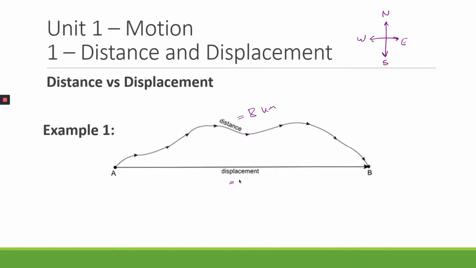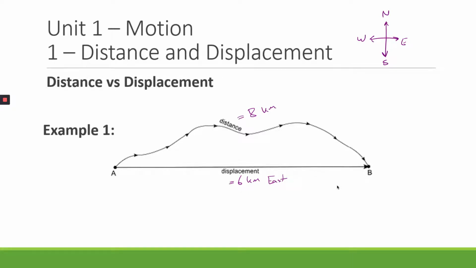The magnitude will have to be smaller because it is the straight line path, which is the shortest path between A and B. And for sure, distance traveled is a longer path than that. So your displacement is going to be something like 6 kilometers. Now that's a magnitude. We have to now add a direction to that to make it a proper displacement. So what would be our direction? Using this compass up here, I could say we traveled 6 kilometers east.